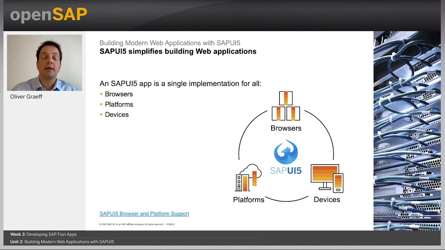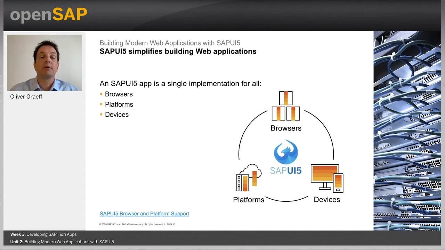To understand how UI5 is being used, I want to explain that SAP UI5 applications are web applications. Earlier in this course, you heard that Fiori can also be implemented with native mobile technologies, for example, Apple iOS or Android. Now, how is this different?